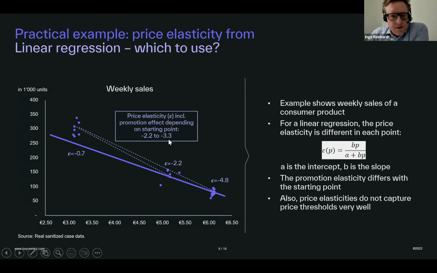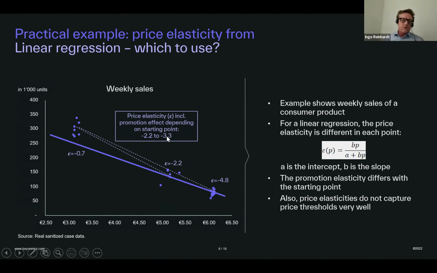And also the promotion elasticity, which in my experience is often also given as a single number by many agencies, really depends on where you start. If you start at the lower price, the promotion elasticity is very different. In this case, identical: if we go from here to here, it's minus 2.2, and if we go from here to here, it's minus 3.3.